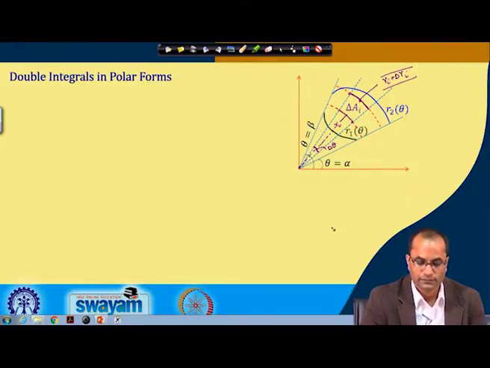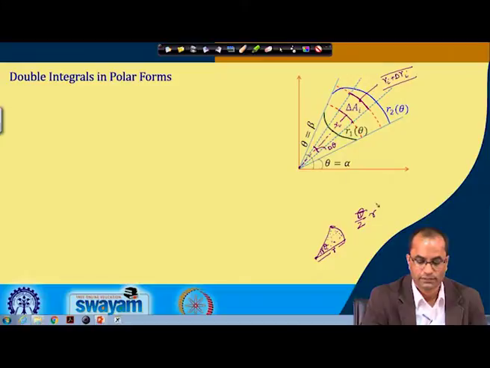Now we also have to know that once we have a circular arc forming angle theta, then the area of this region will be theta by 2 into r square, with radius r.